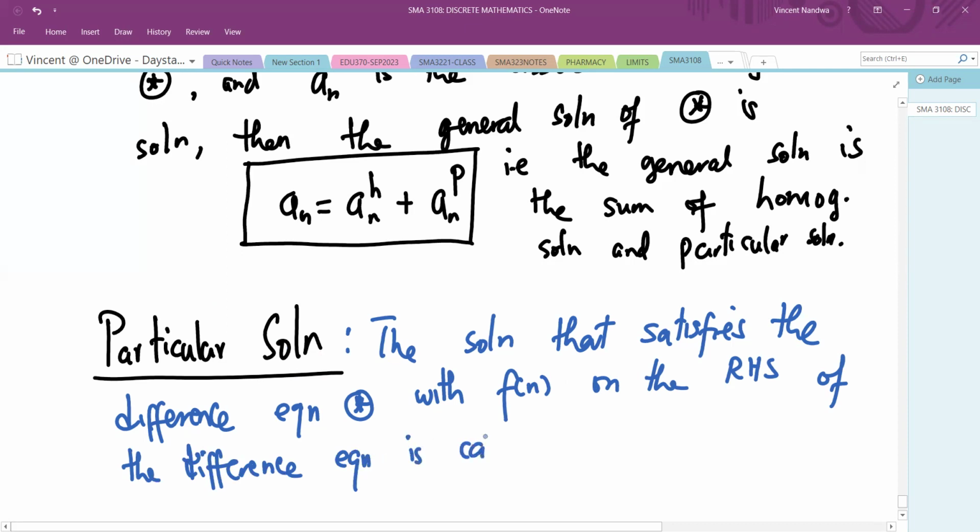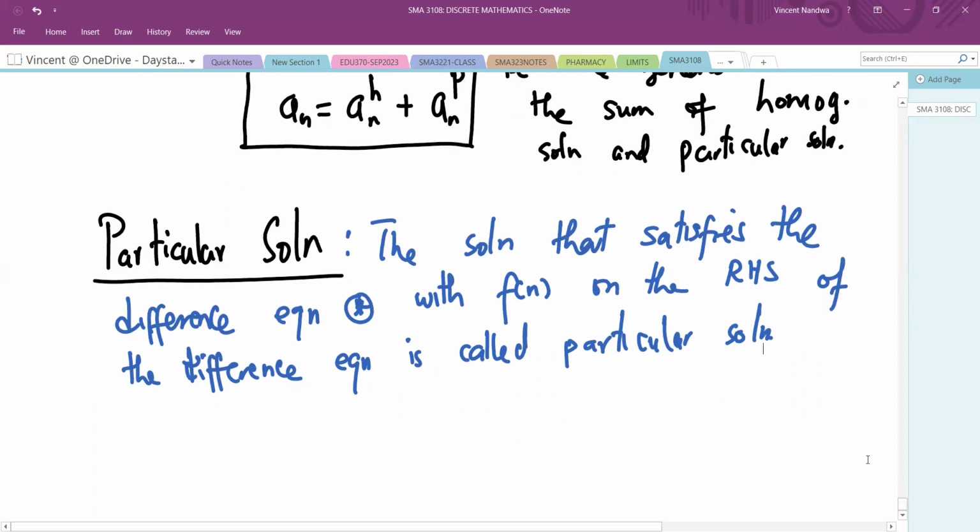It should also be noted that there's no general procedure for determining the particular solution of a difference equation for any arbitrary function f(n).